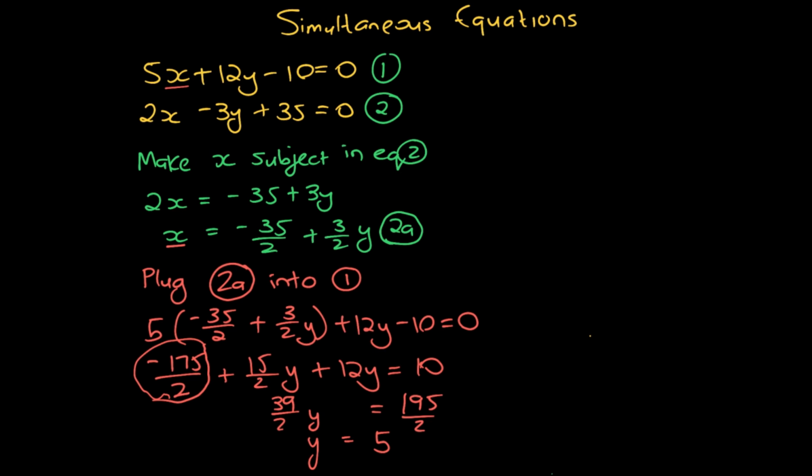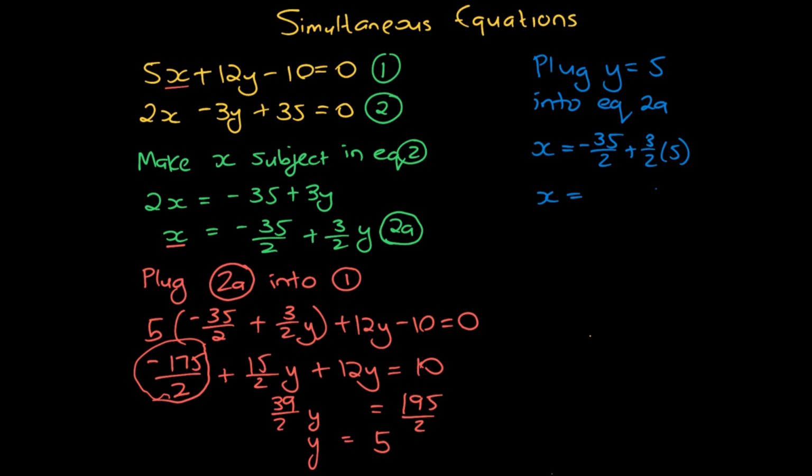We're then going to look for x by plugging the y into equation 2a. So I'm going to plug y equals 5 into equation 2a. So x equals minus 35 over 2 plus 3 over 2 times 5.